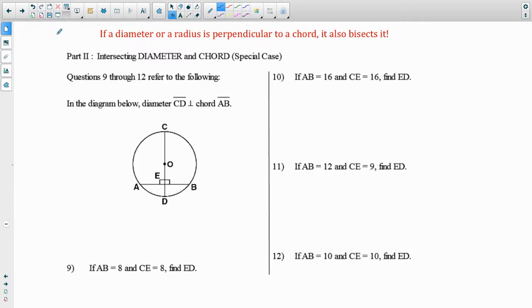That's an important piece of information. And of course, the opposite would also be true. If you saw that a diameter or a radius was bisecting a chord, then you could do the opposite, assume that they are perpendicular and forming right angles.